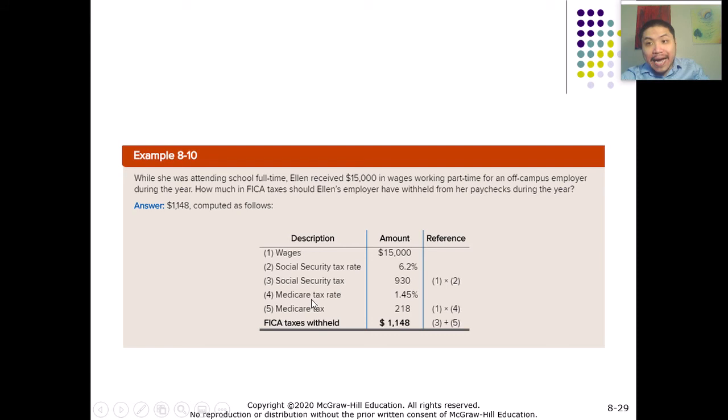And for Medicare tax, it's 1.45% times $50,000, which equals $725. The total FICA taxes that the employer should have withheld from Ellen's paycheck is the sum of those two amounts, so it's $3,825. Pretty straightforward, pretty basic. So let's get back to our scenario here.